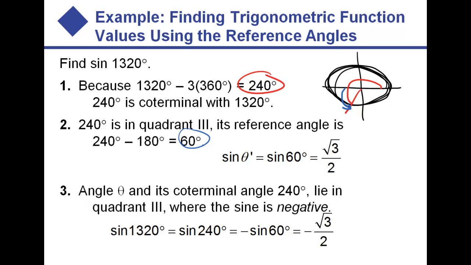And now, if we have our unit circle memorized, we know sine of 60 is root 3 over 2 when we're in quadrant 1, right? So over here we know it's root 3 over 2, but because we're down here, the sine measurement is now going to be negative, and our answer is negative root 3 over 2. So there's all of those memorization tricks rolled up into one.